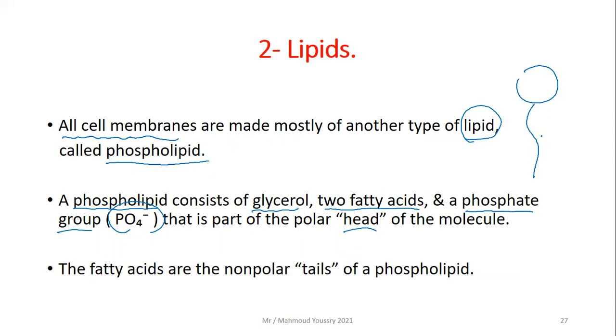So the head is the glycerol and the polar phosphate group, which bears a charge. But the fatty acids are the non-polar tails of the phospholipid.